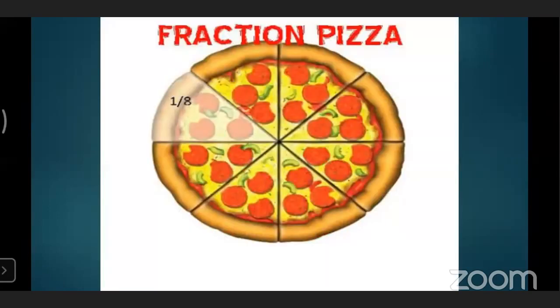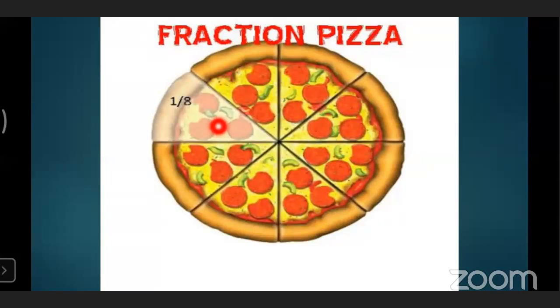Now let us see one more example. What is this? This is also a pizza. Now we have divided this pizza into how many parts? Let us count. 1, 2, 3, 4, 5, 6, 7, and 8.